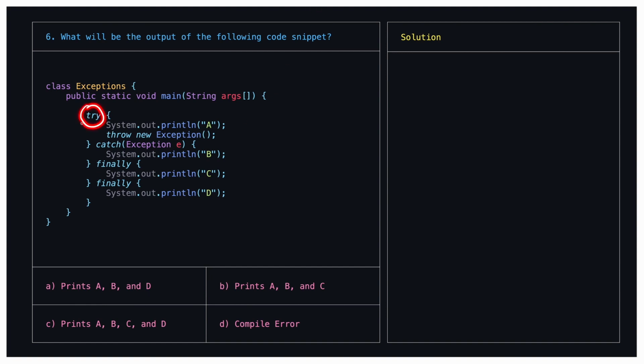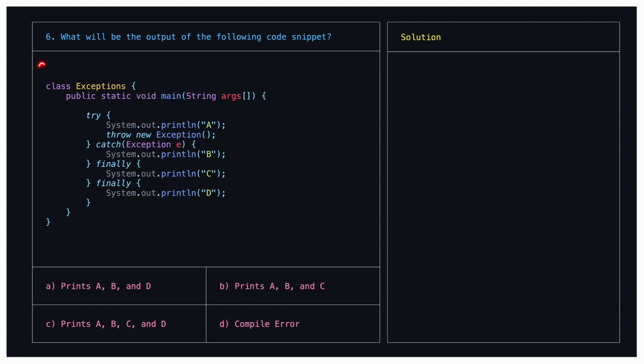The code has a try block, and a catch block, and two finally blocks corresponding to one try block. Is it possible? Again, we have discussed this concept in the previous video, that this is not possible. That means it will throw an error, which is a compile error.